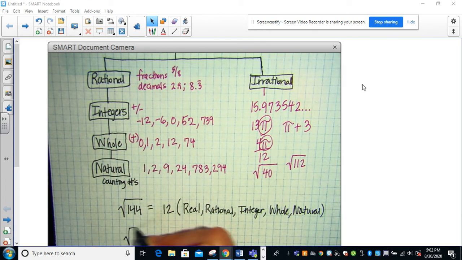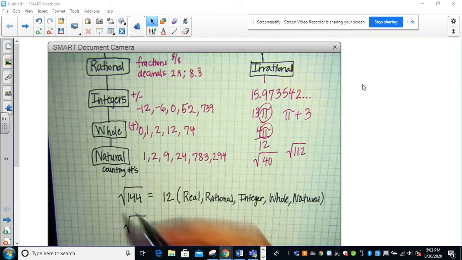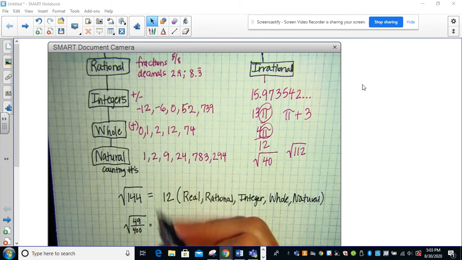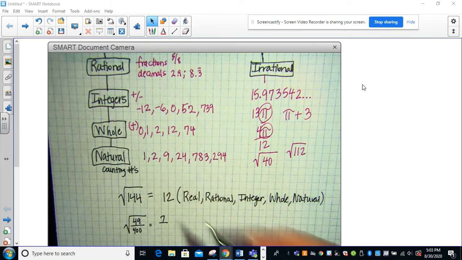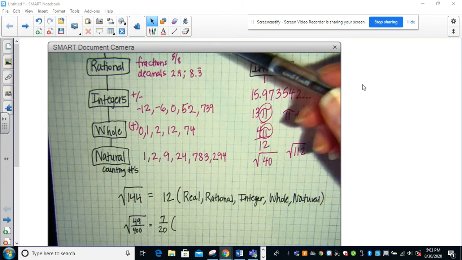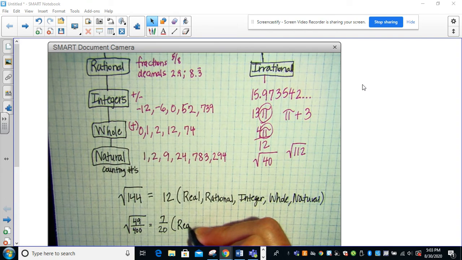We'll do one more. How about the square root of 49 over 400? That's okay because they're both perfect squares. So the square root of 49 is 7, and the square root of 400 is 20. So now let's start at the top. It's real. All numbers are real.